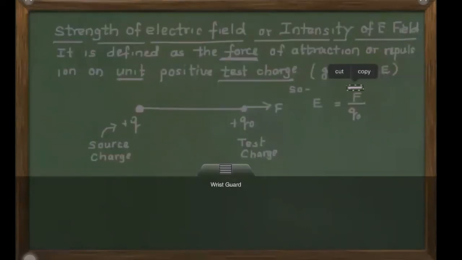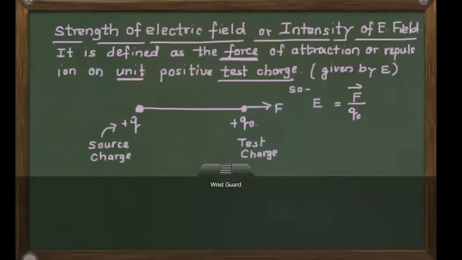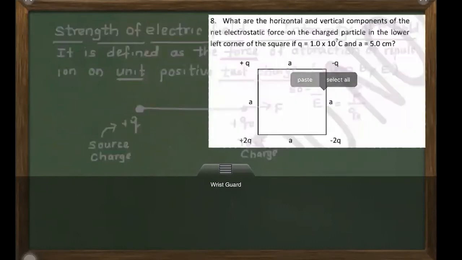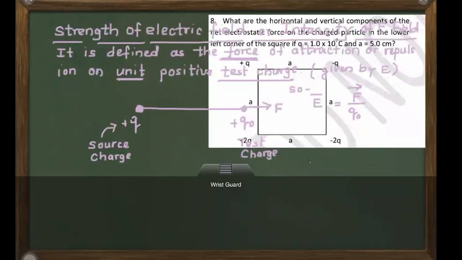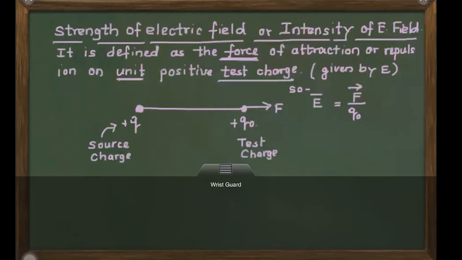So if you place a vector notation over F, you have to place a vector notation over E too. It means electric field intensity is a vector quantity. Why is it a vector? Because F is a vector, and Q naught is a scalar.